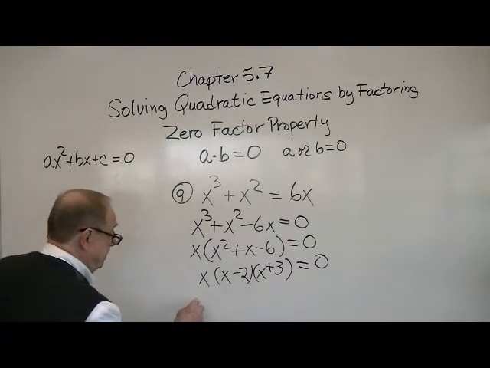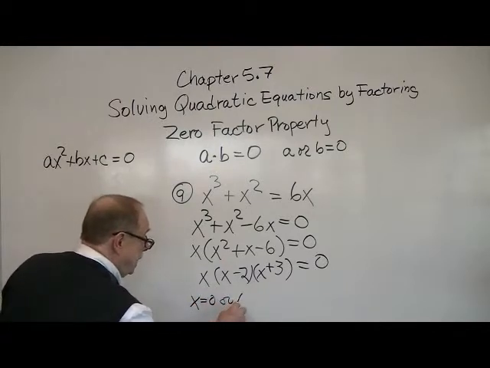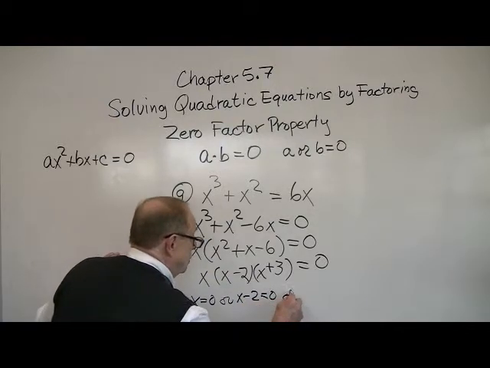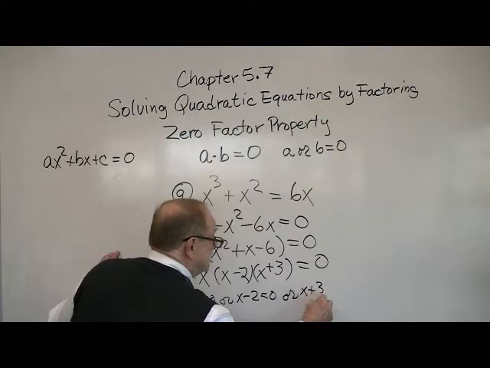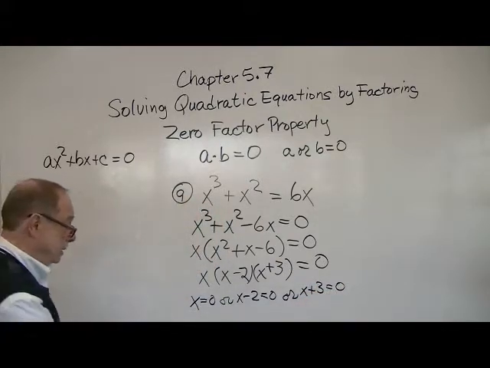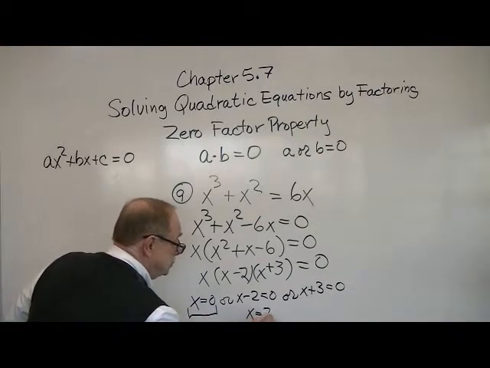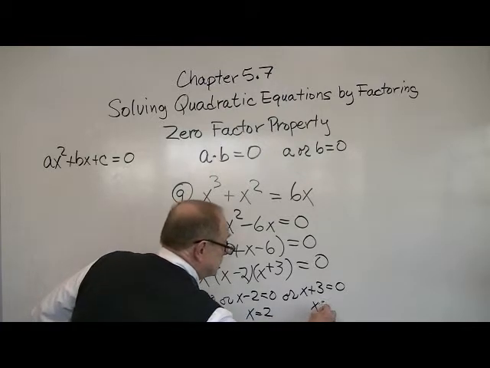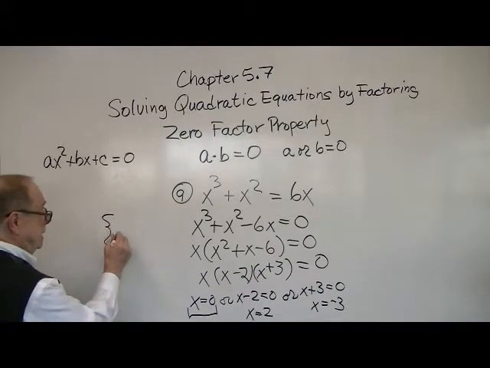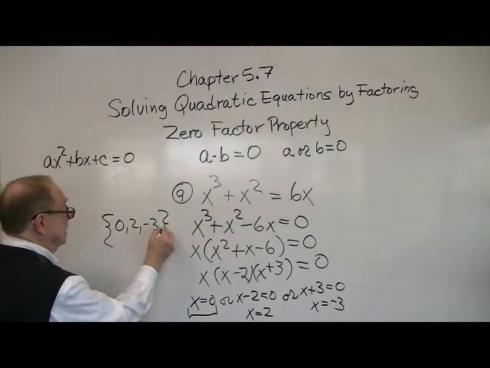Well, it's going to be x equals 0, or x minus 2 equals 0, or x plus 3 equals 0. And here that is a solution. Here x will be 2, and here x will be a negative 3. So you write your solution set as 0, 2, negative 3.